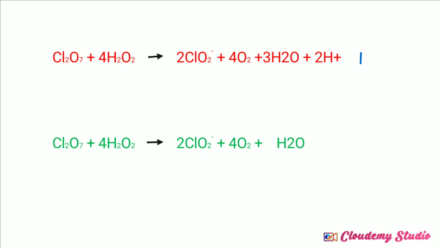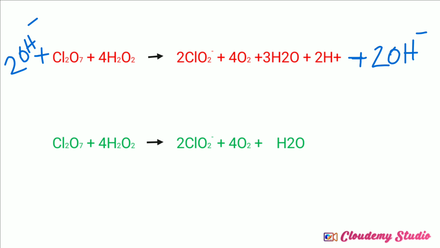Therefore here 2 moles of hydroxide ions I am adding, 2 OH minus ions. Same way on this side also, both the sides we need to add 2 moles of hydroxide ions.